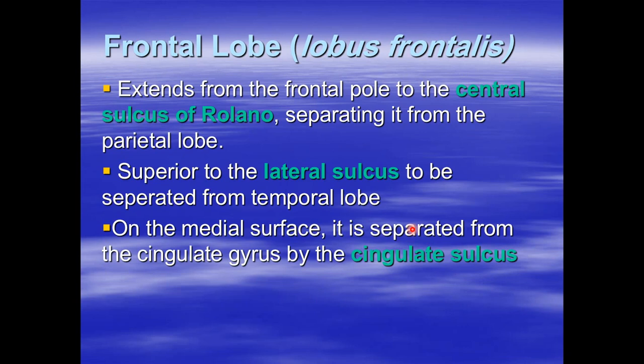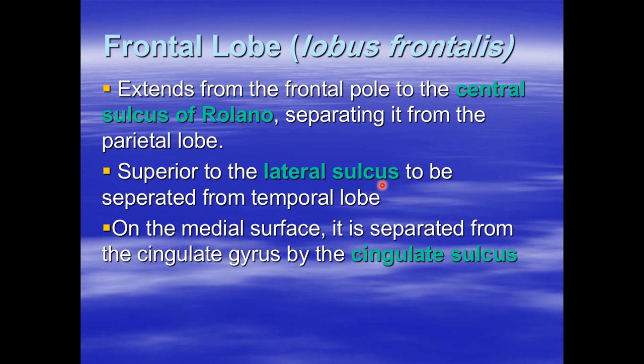It extends from the frontal pole to the central sulcus of Rolando, separating it from the parietal lobe, as we said before. It is superior to the lateral sulcus, or the Sylvian fissure. It's the same thing, the Sylvian sulcus or Sylvian fissure, which is separating it from the temporal lobe.